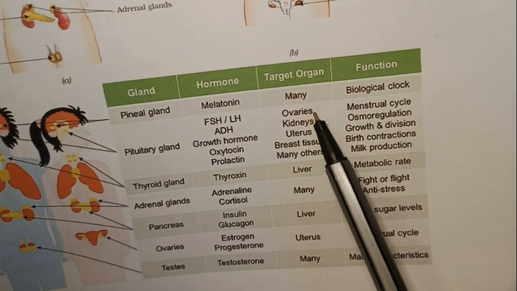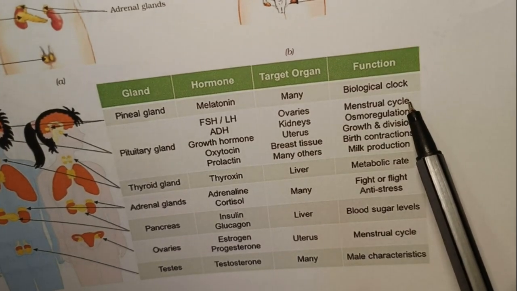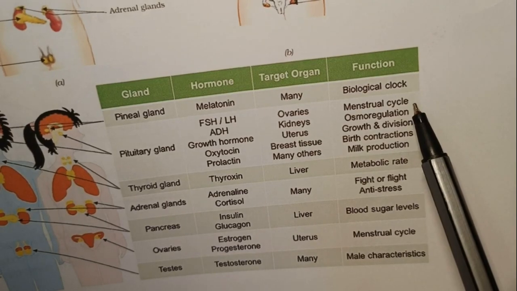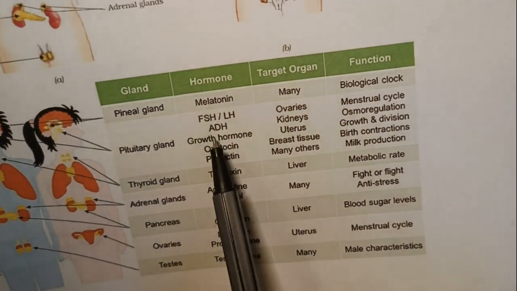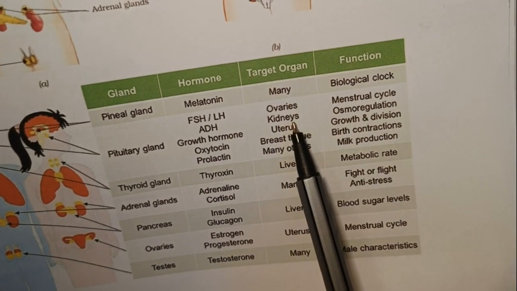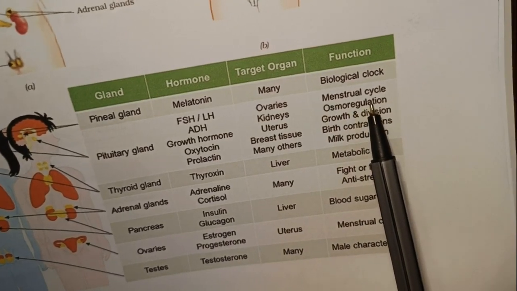They work on ovaries and they are important for the female reproductive cycle, menstrual cycle. Okay, both. ADH, antidiuretic hormone, works on the kidney and it is important in osmoregulation.